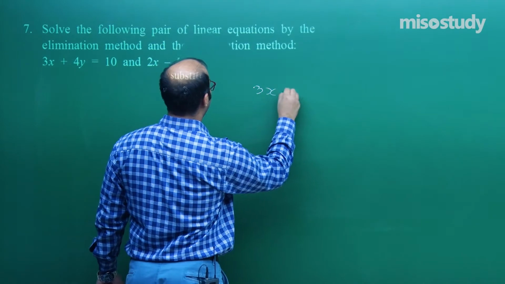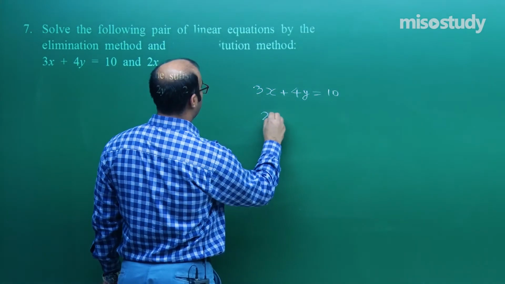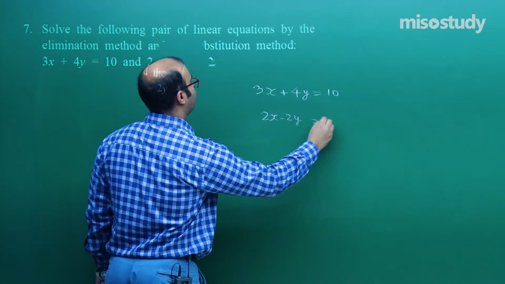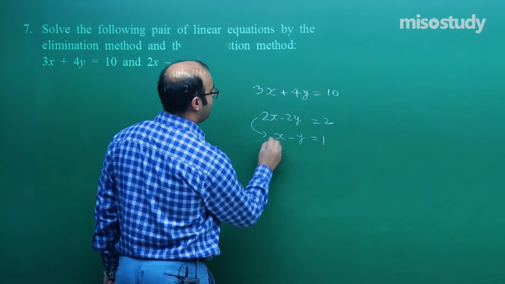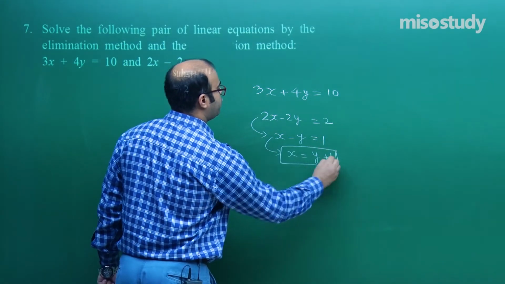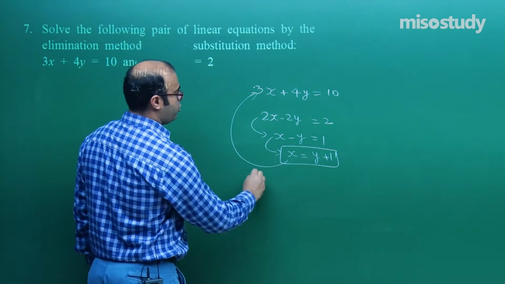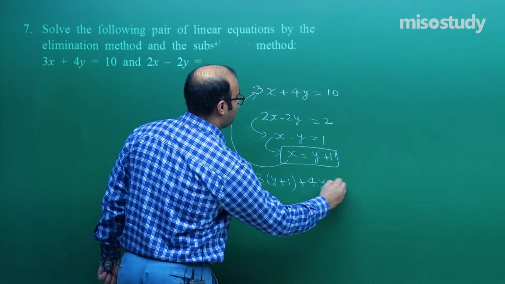So the equation is 3x plus 4y is equal to 10 and 2x minus 2y is equal to 2. So this equation can be written as x minus y is equal to 1. This can be written as x is equal to y plus 1. Let us substitute this value of x here. So this will become 3 of (y plus 1) plus 4y is equal to 10.